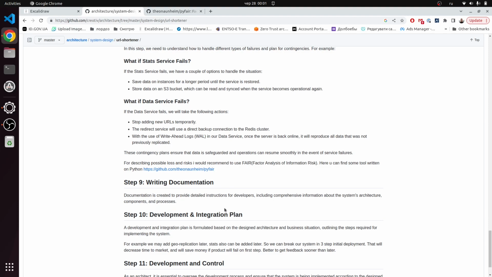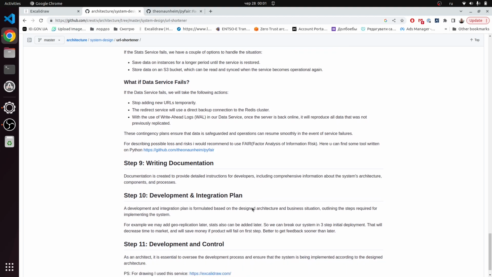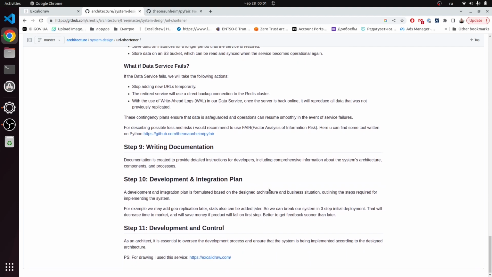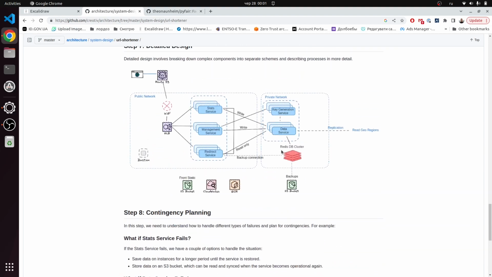After writing documentation, you need to develop a development and integration plan. You develop this plan with your business. Why? Because the integration plan is based on the business strategy of going to market. For example, in our system we have something like 3 parts that we may deploy at different times. First of all, our main part is adding and redirecting the URL, of course.